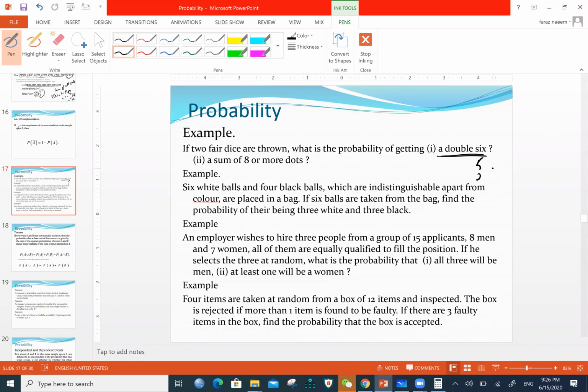Similarly, if you see example 2, 6 white balls and 4 black balls. If 6 balls are taken from the bag, find the probability of 3 being white and 3 being black. You can change it: find the probability that at least 2 are black, or 2 black and 4 white. In this way, you can change the problems.